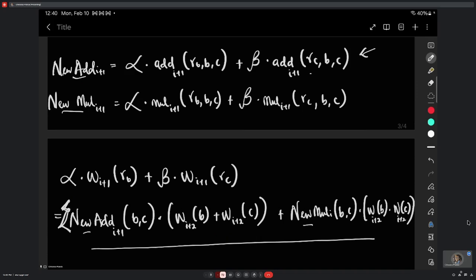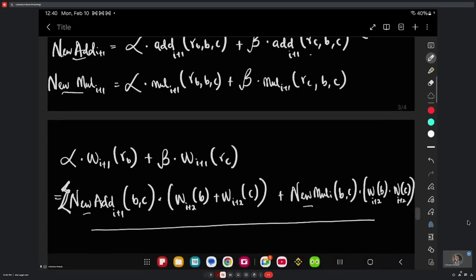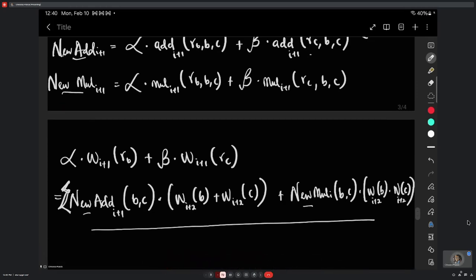What the verifier does not trust is the W_{i+1} at B and W_{i+1} at C. But the prover needs to generate the claimed sum, right? And for the prover to generate the claimed sum, yes, the sum will be over the entire thing. Exactly.